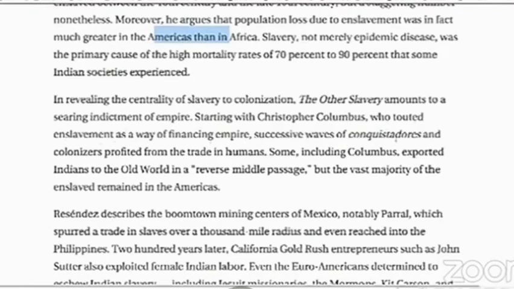Successive waves of conquistadores and colonizers profited from the trade in humans. Some, including Columbus, exported Indians to the so-called Old World in a reverse middle passage. But the vast majority of the enslaved remained in the Americas.